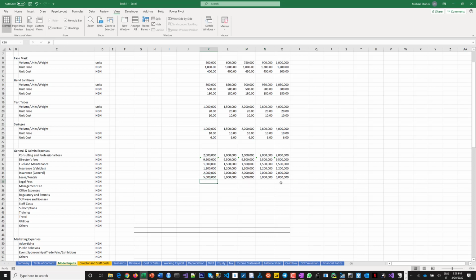For legal fees, say they spend 1 million a year. For management fee, typically it applies to companies run as a subsidiary of another company, where the parent company decides to charge a management fee.